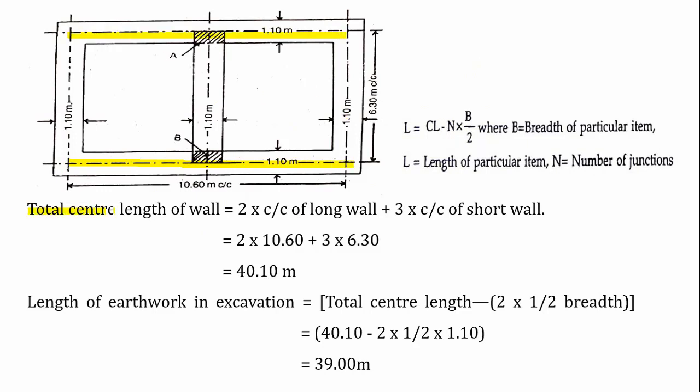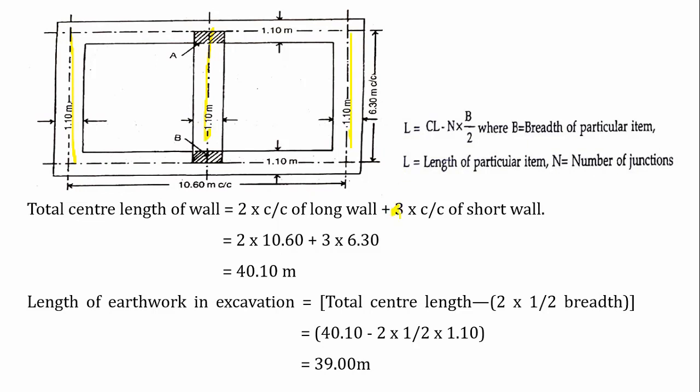Right? Total center to center length of the wall is equal to 2 times the center to center length of the long wall. So this is 10.6 meters. Already we have calculated this plus this. Two numbers we have. So therefore 2 into 10.6 plus next, if you see, this is short wall 1, 2 and 3.